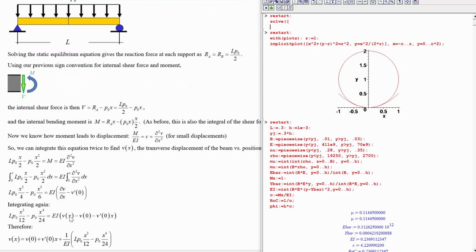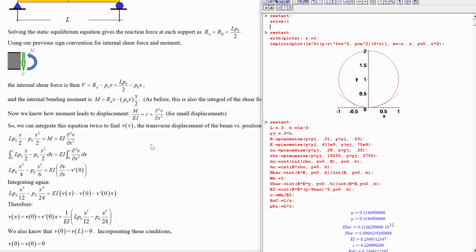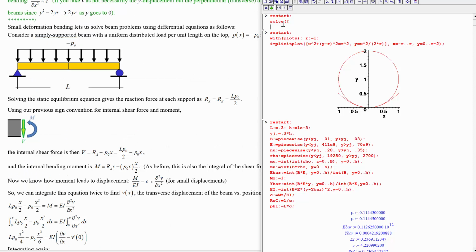In the notes, I've shown you the analytical version of doing these integrals, but let's do this with Maple here in the video, just for a little bit of a change and a different view of the same content. Okay, so we've got a force at each end, which is P0 times L over 2.